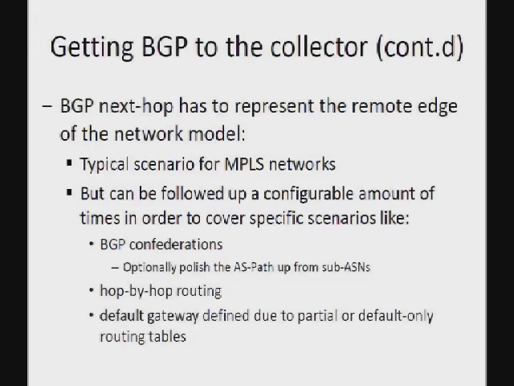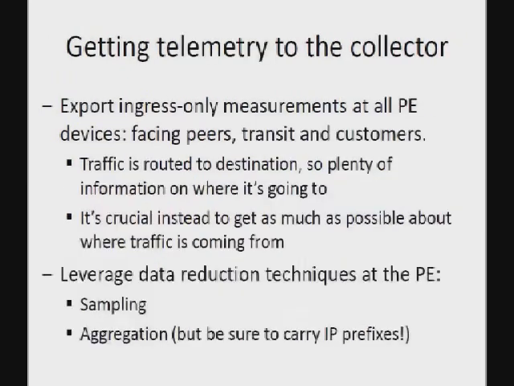What happens is that in these cases, the BGP next hop that you see at the router where the flow is entering your network is not necessarily where it will exit your network. And so in that case, you can follow up. Remember that you have a multi-RIB implementation, so you can jump from one RIB to the other until you reach the remote edge of your network.